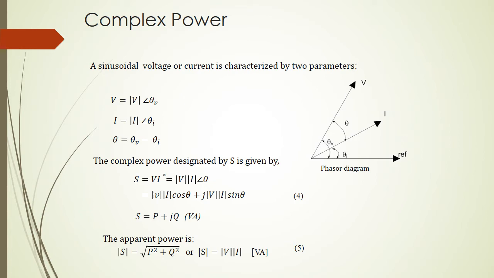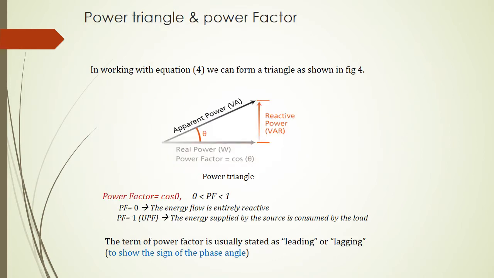The apparent power has the amplitude of the whole vector and it has the unit of volt-ampere, VA, while P has the unit of watt and Q has the unit of VAR, or VA reactive. So if we look at S as a vector, then its real power part is in the horizontal direction like this, and the reactive power is in the vertical.